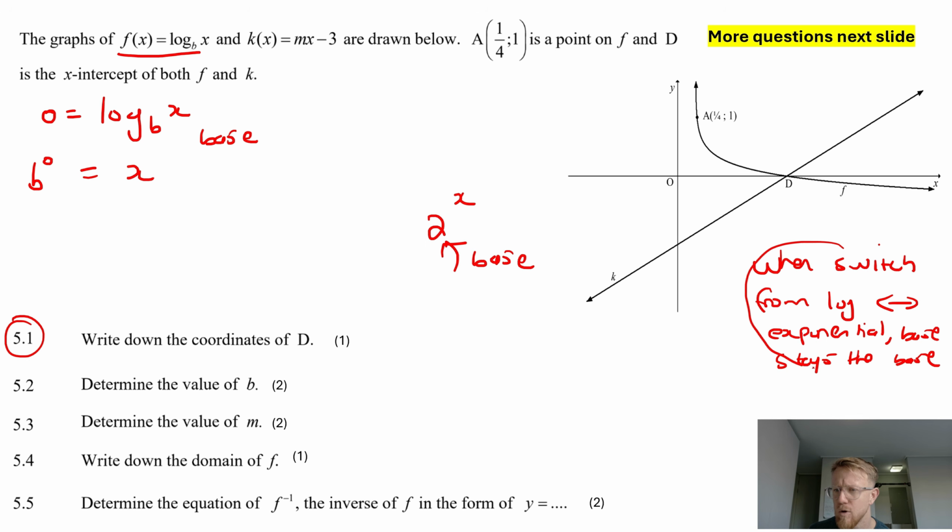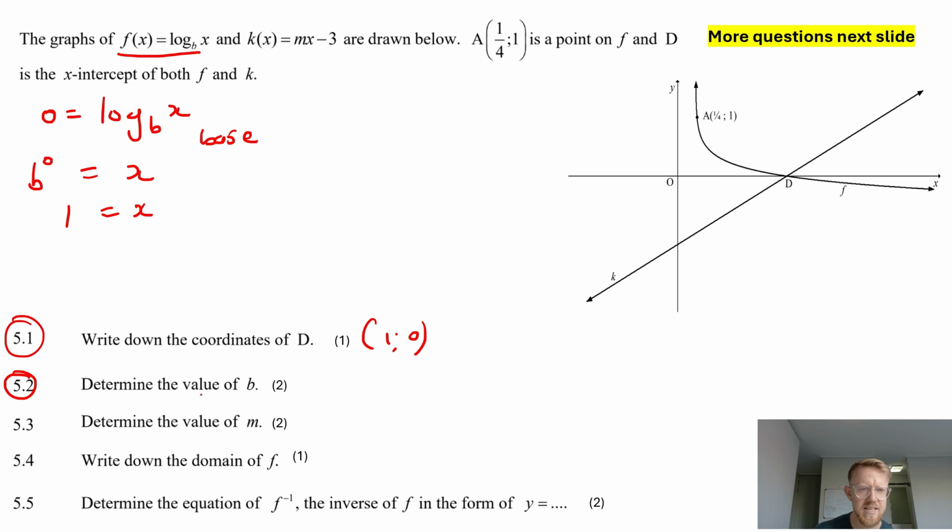When you switch from log to exponential or exponential to log, the base stays the base. All that happens is that these two switch. So the b was with the x, now the b is with the 0. Now what's lovely is that anything to the power of 0 is 1, and so x over here would be 1, and we know that the y value was 0.